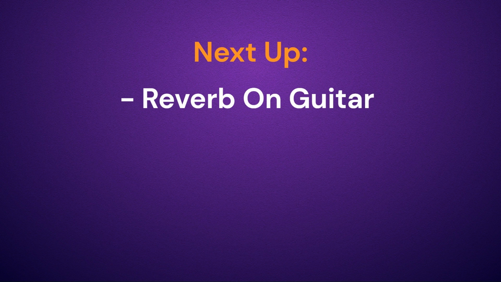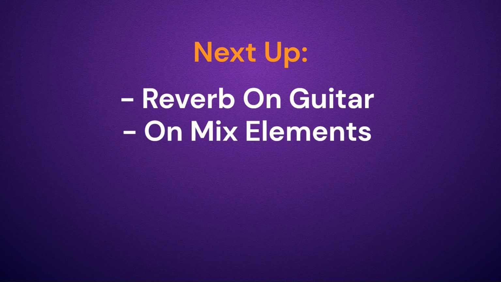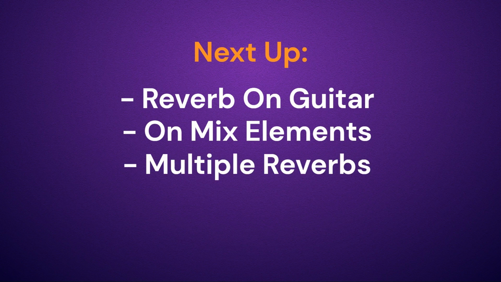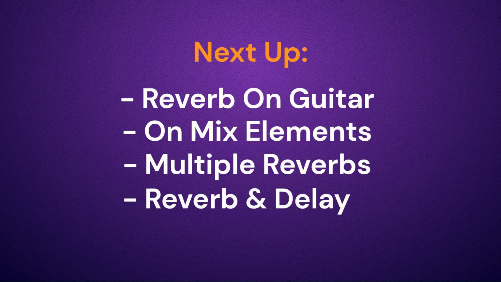In just a moment, we're going to do a few examples of reverb on a guitar with different types of songs, and then we'll explore using reverb on various elements of a mix. We'll also look at using a combination of multiple reverbs and a very common use where we apply reverb and delay together.